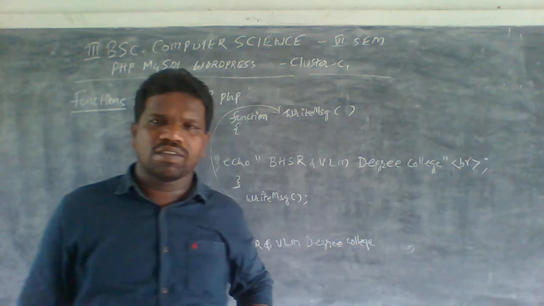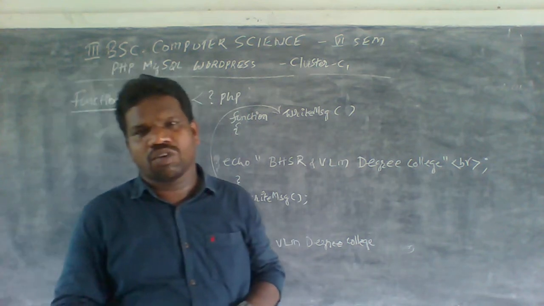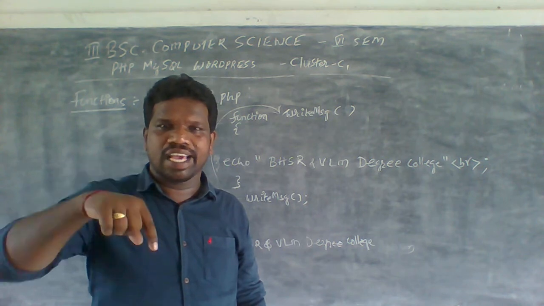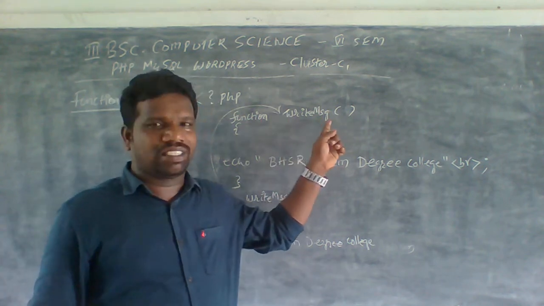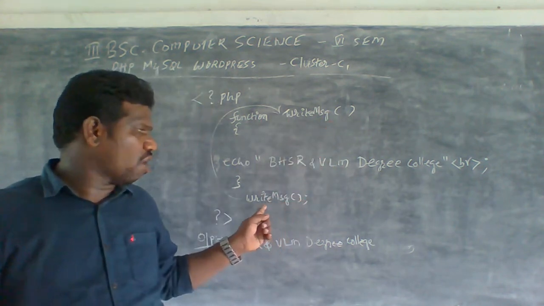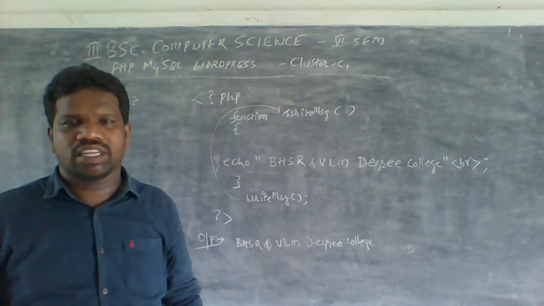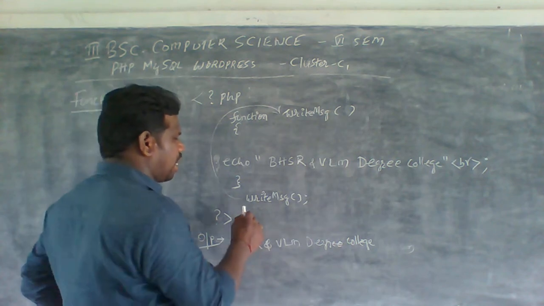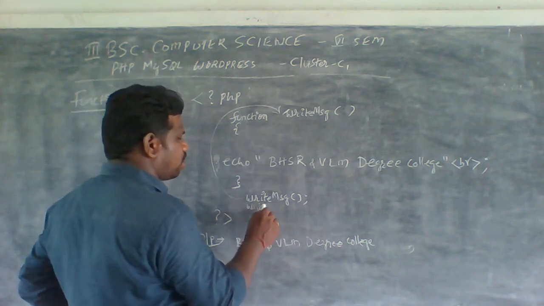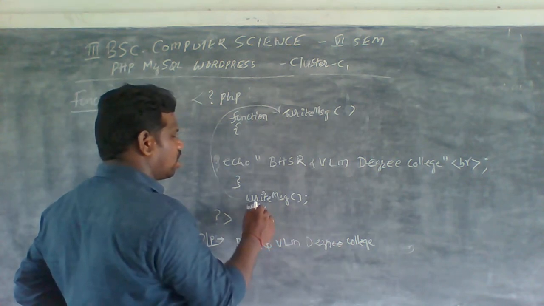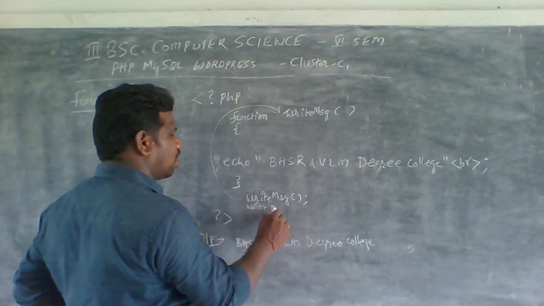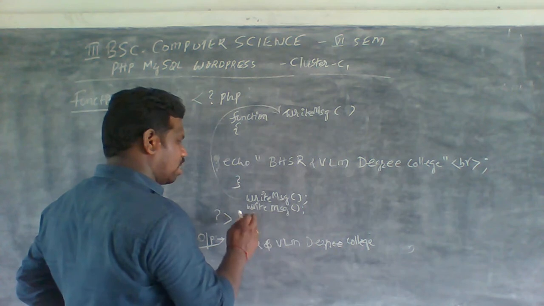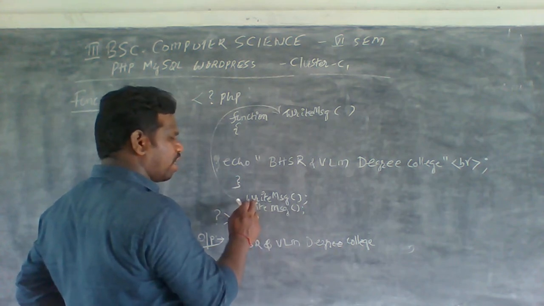Because the VHS or VLM degree college text is written within the function, the function name should be write message. That's why I'm calling write message once here, and the program is executing. If you want to write it again, call write message again.